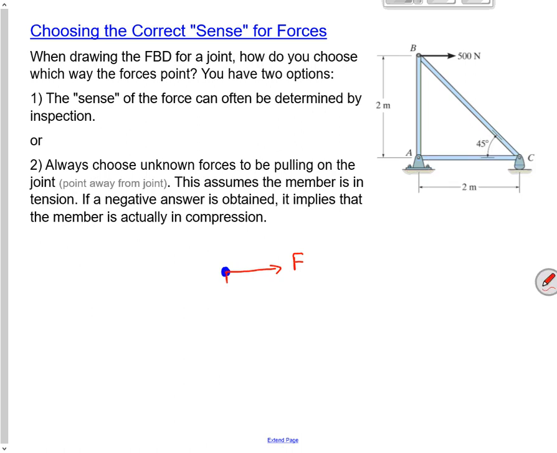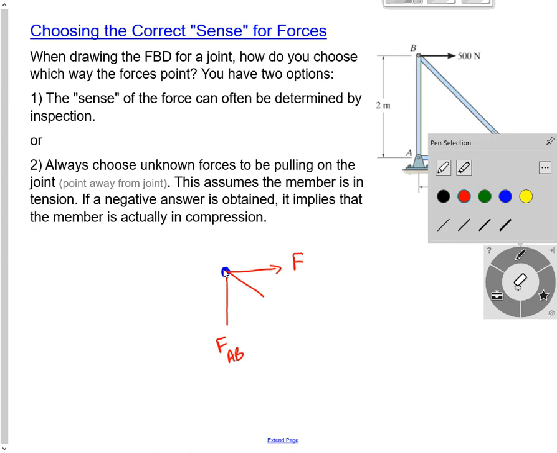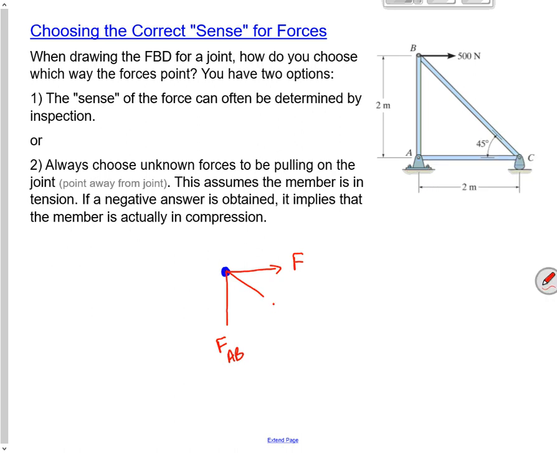So there's going to be one pointing up and down between points A and B, and another one that points down and to the right, sorry, I'm trying to figure out which direction it points. It runs down and to the right. Now if this load is applied and it points to the right, I know it points to the right.